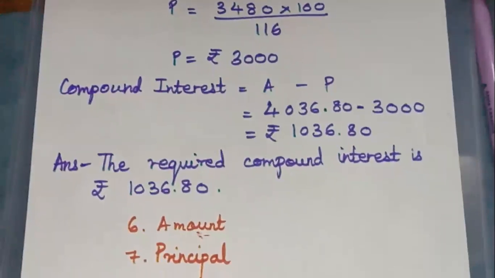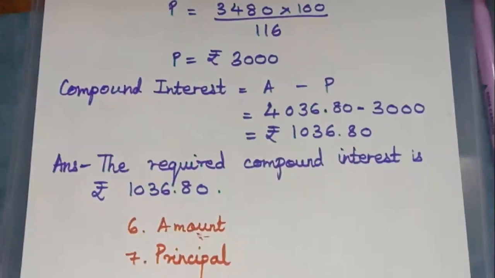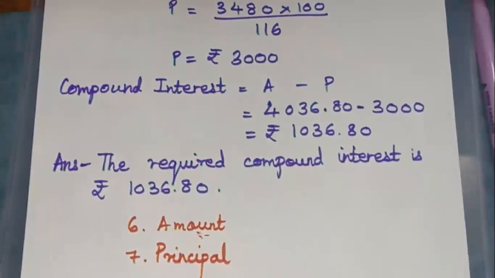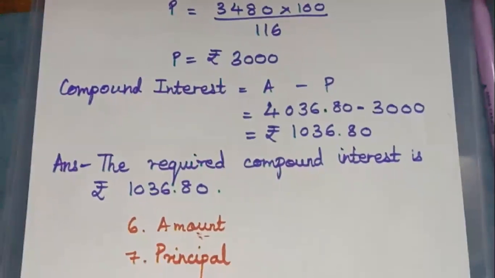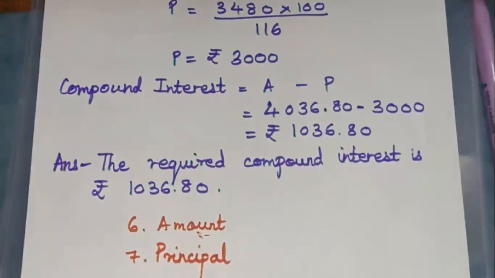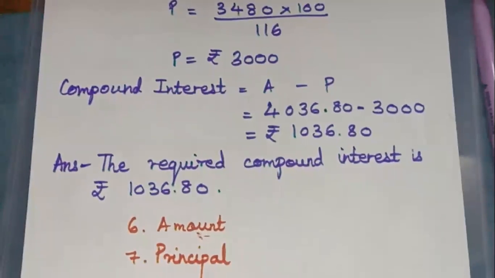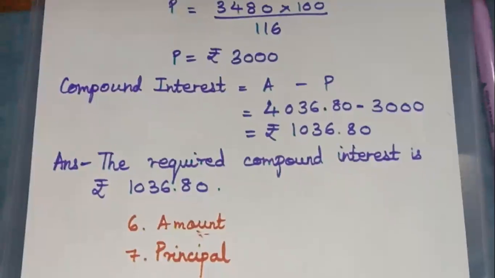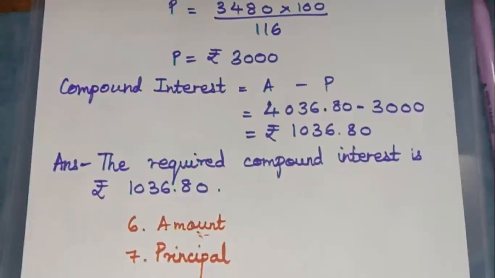The words amounts to mean that the amount is given to you. Principal is not given. Amounts to meaning amount is given to you, and the amount is 13,924. Duration is 2 years and rate is also given, that is 18 PCPA. So what you have to find out? You have to find out the principal.